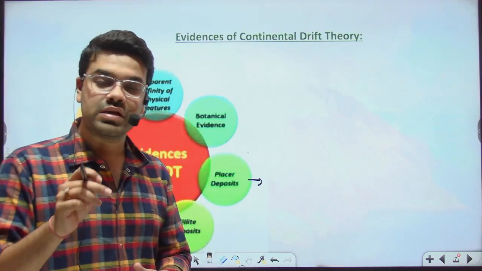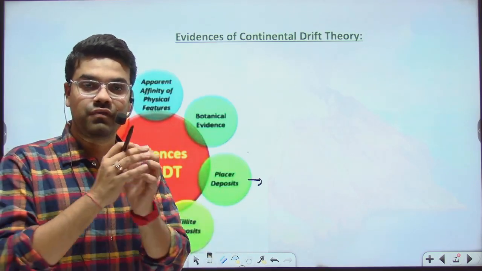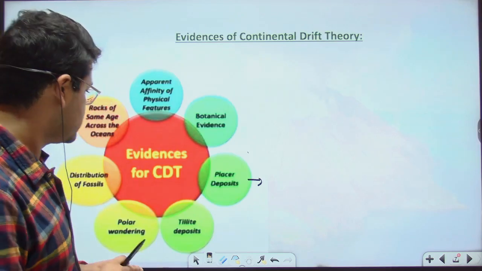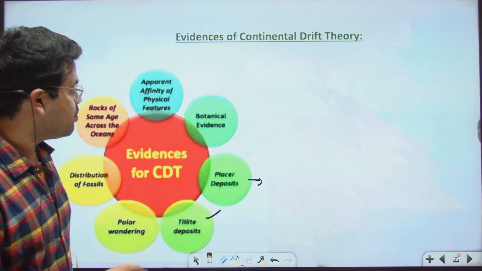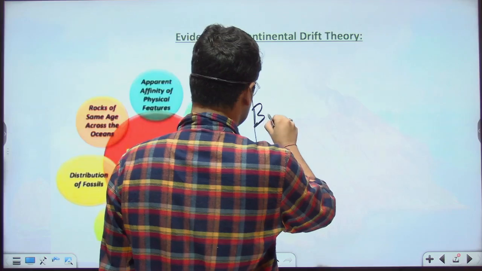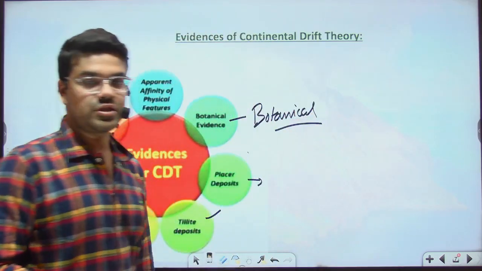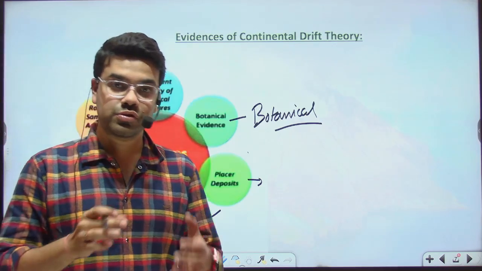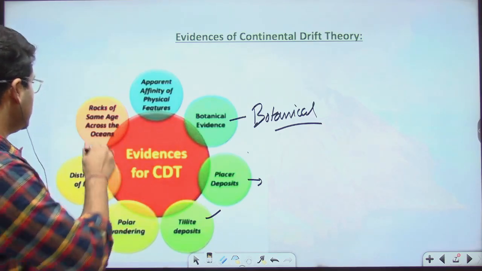It can be the same because they might have existed together in one common place. Okay, tillite deposits I have explained. Botanical evidences: what are these? The plant species are common, especially in North America and Europe. That shows that they might have been part of a common continent.